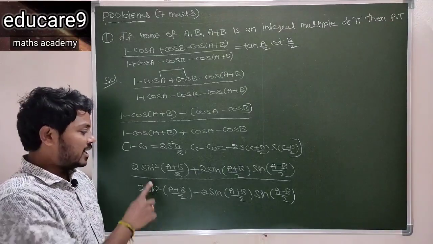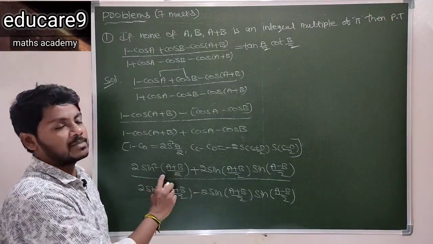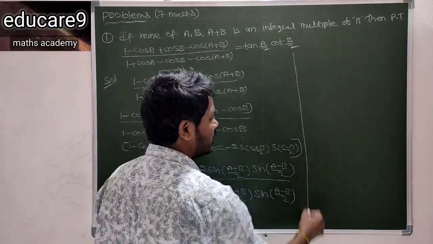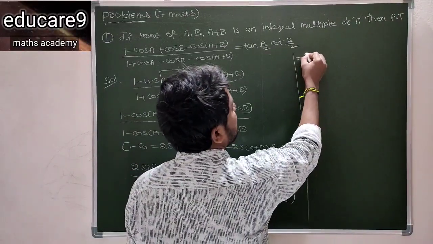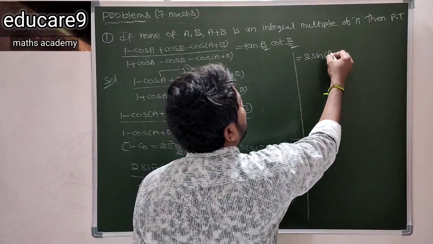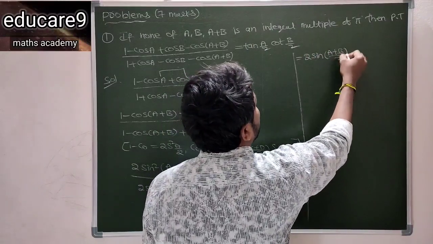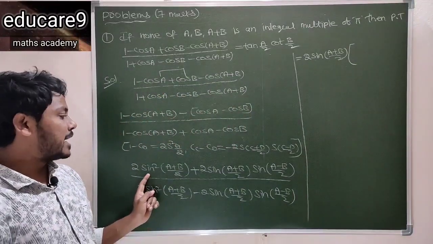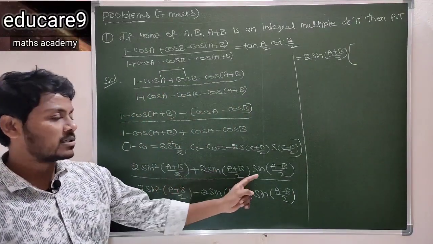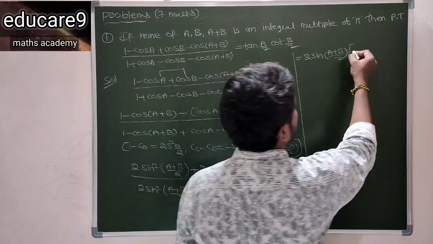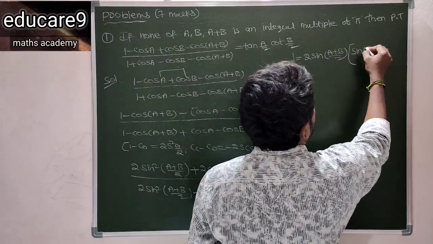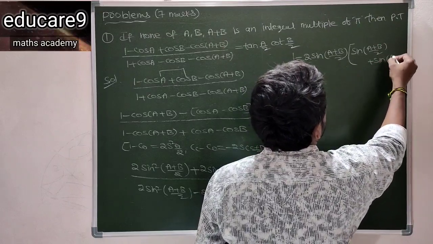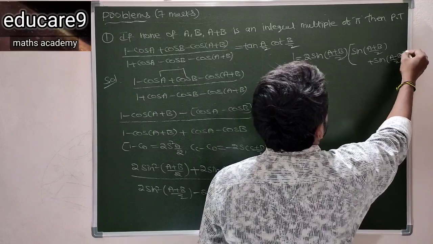So clearly in both terms 2 sin (A plus B)/2 is common. So what you get here, sin (A plus B)/2 plus sin (A minus B)/2.